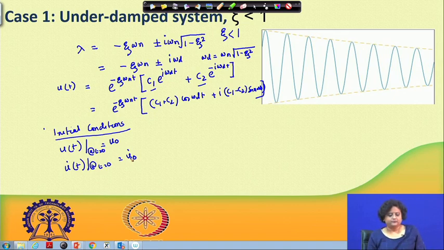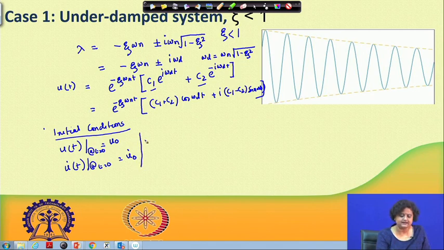This is my initial displacement, and this is my initial velocity. These two initial conditions can be applied to this expression and we can solve for C1 and C2.